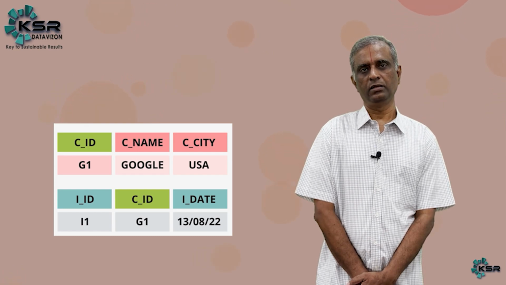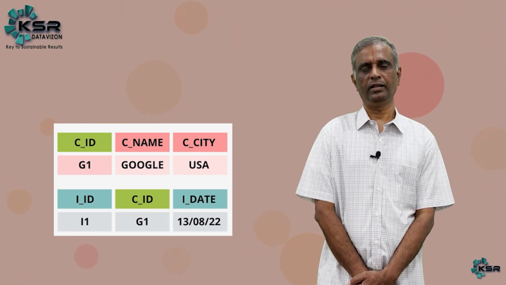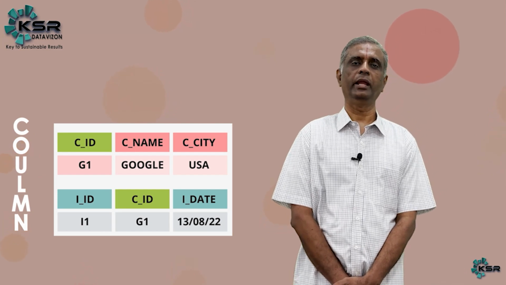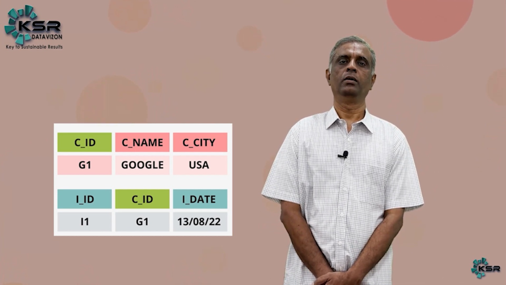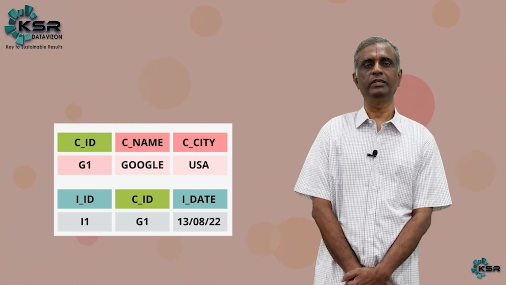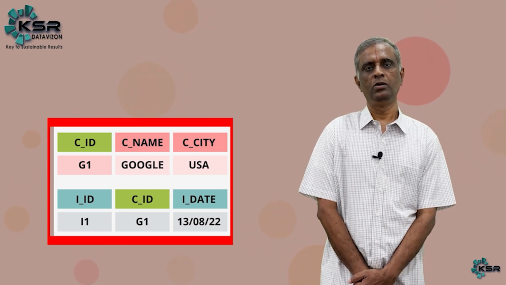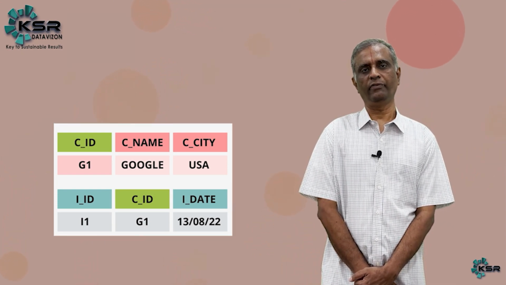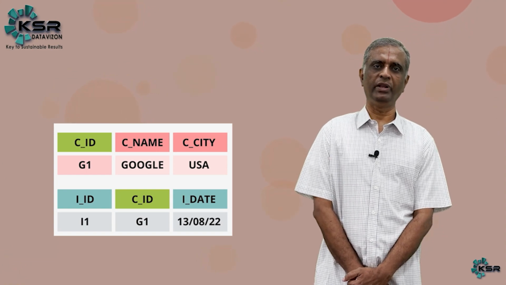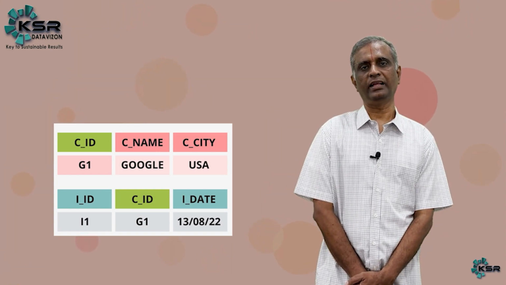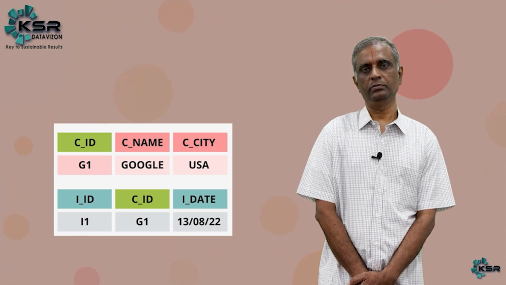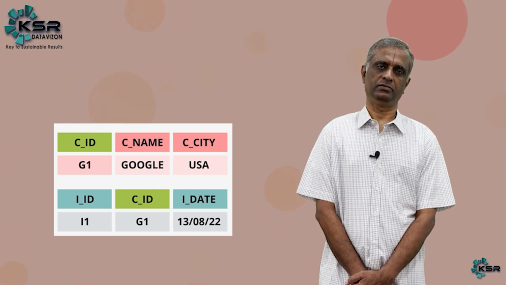Vertically it is columns, horizontally it is rows. So tables are made up of rows and columns. This is how we store in a table. When we define more tables for every entity, the collection of tables makes a database. This is a plain database.